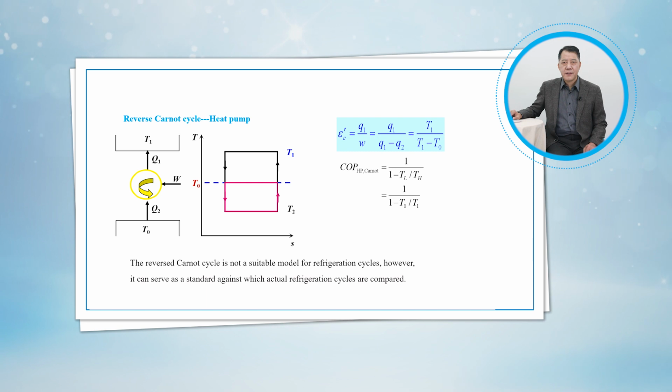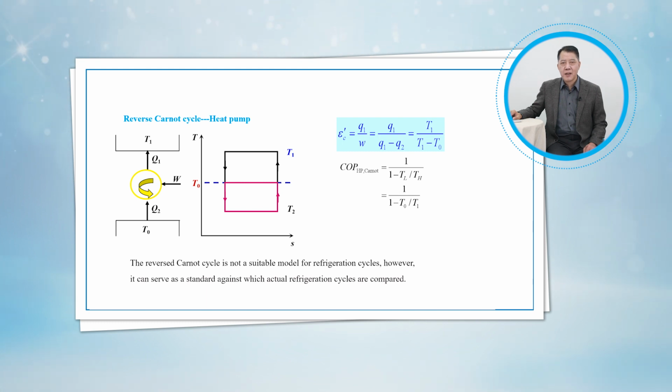Therefore, processes 4-1 and 2-3 can be approached closely in actual evaporators and condensers. However, processes 1-2 and 3-4 cannot be approximated closely in practice.